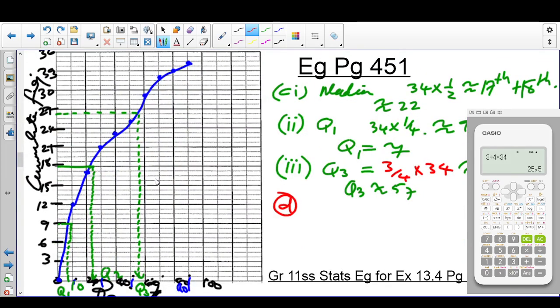So 70 is about there, so you go all the way up and take that reading there. 70 is actually on this marking here, and 70 came in with 32. So how many scored 70 goals or less? 32.